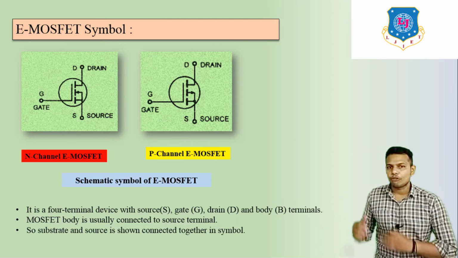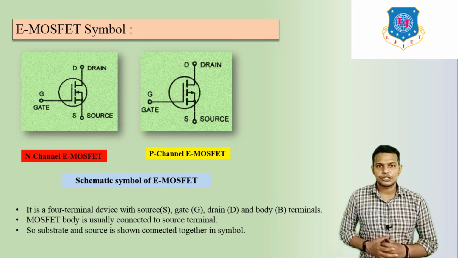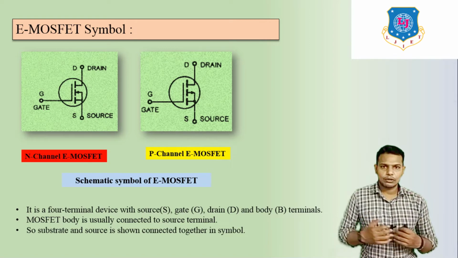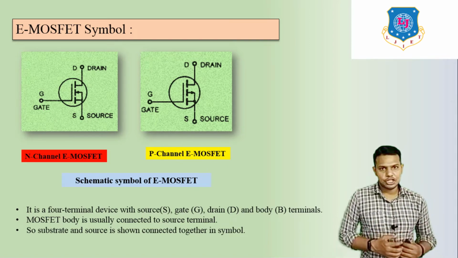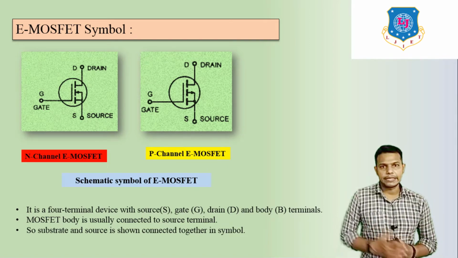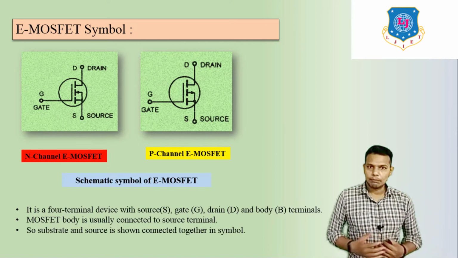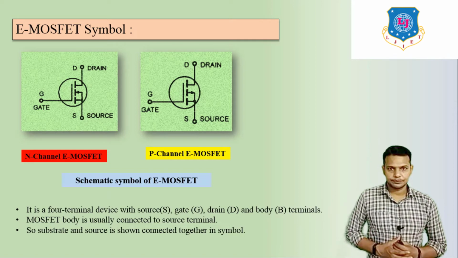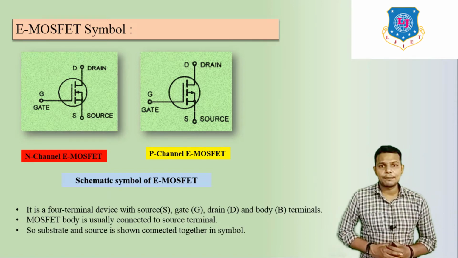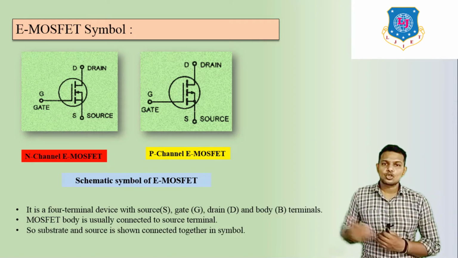Now similar to the terminals in the construction: source, that is S, gate, that means G, and drain, that means D, and along with the substrate, or we can say body, B terminals are there. The MOSFET body is basically connected to the source terminal.